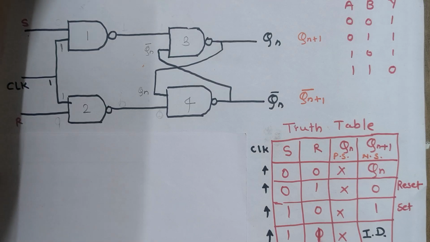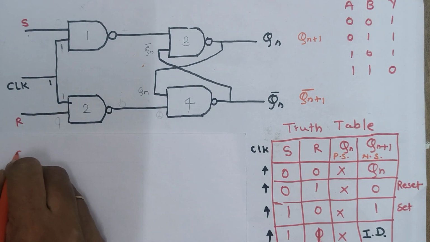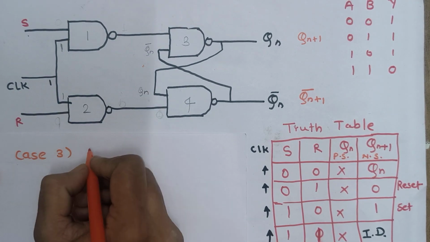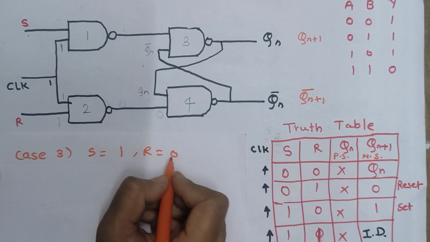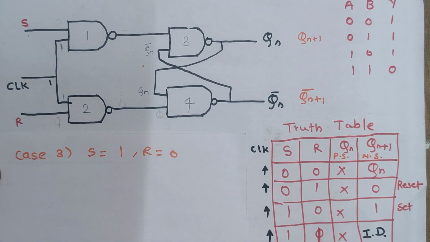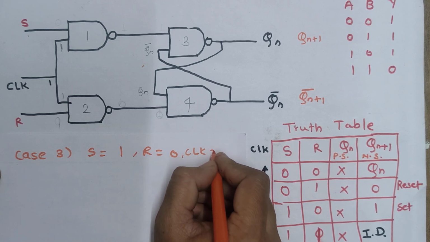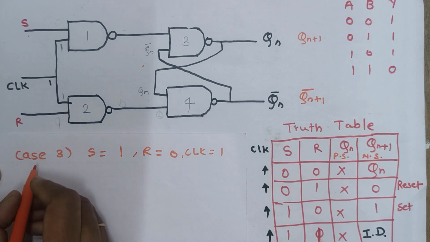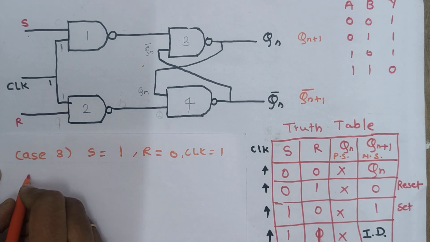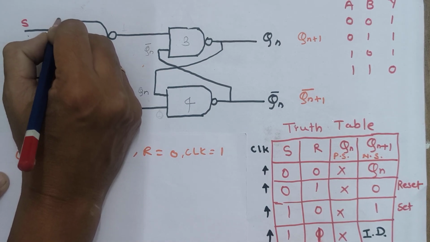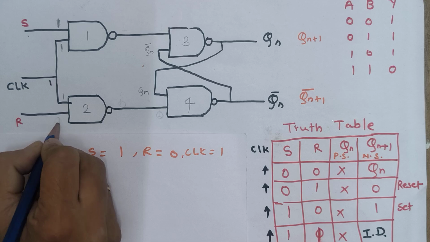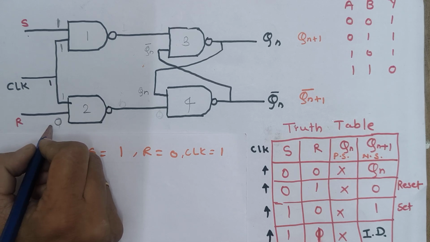Now we are going to see case 3. Case 3 condition: S is equal to 1, R is equal to 0, and the clock of course is equal to 1. For this condition we are going to see what the next state output will be. So here I am going to write S is equal to 1, R is equal to 0.